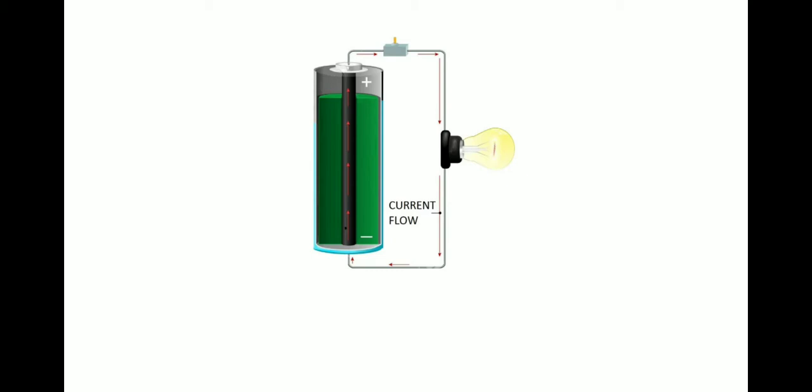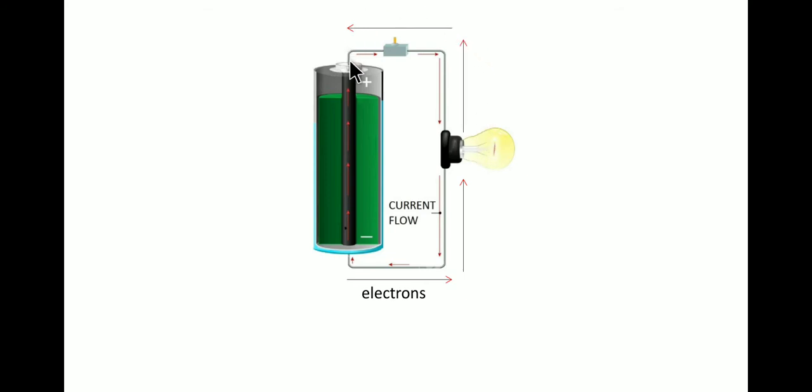Now, we have said that current flows from the positive terminal, does the work in a certain appliance, and returns back to the negative terminal. But actually it's the electrons which move in the reverse direction. Electrons move from the negative terminal towards the positive terminal.